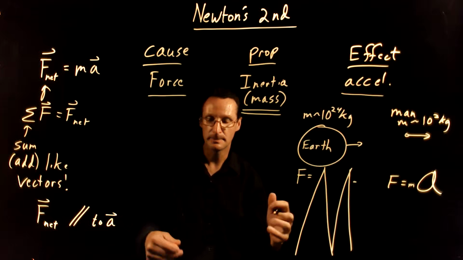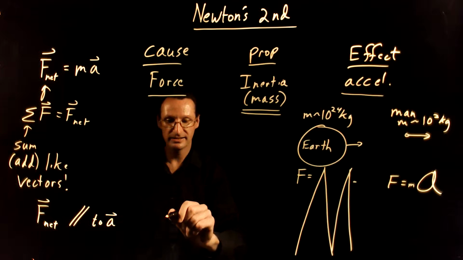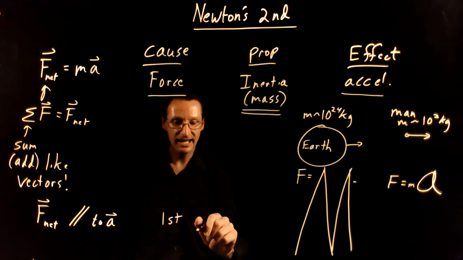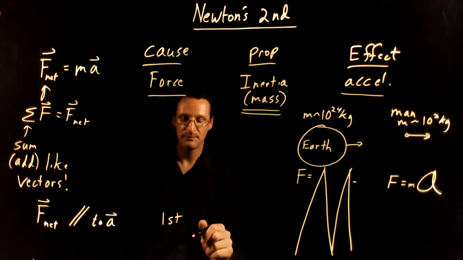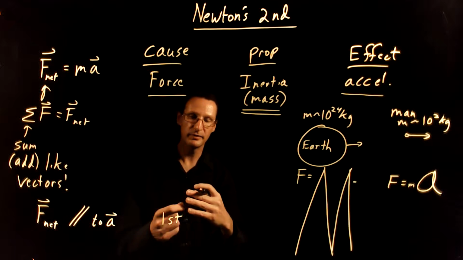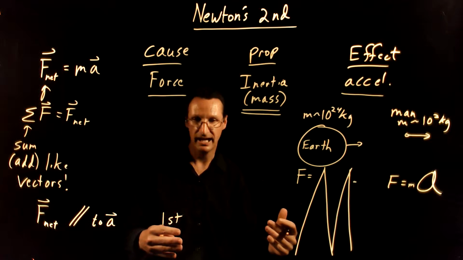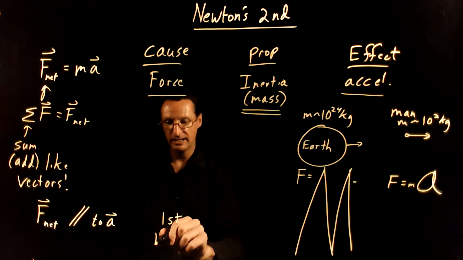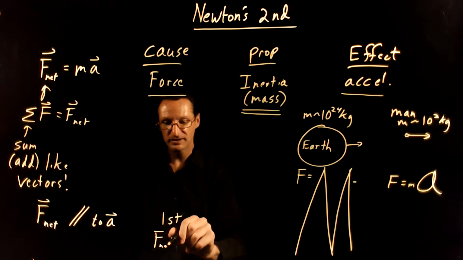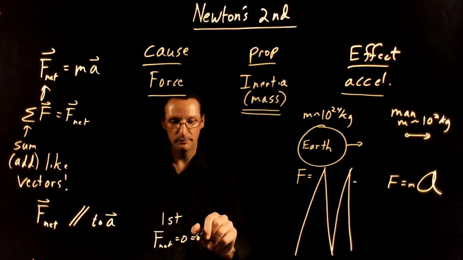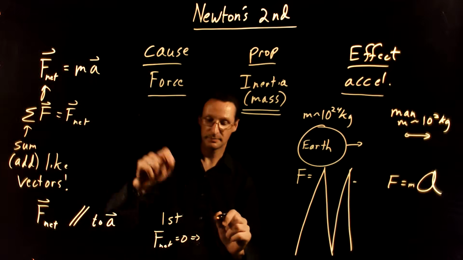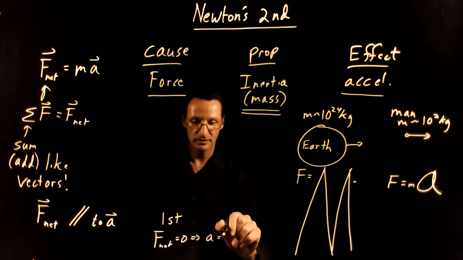The last thing I want to point out is that the first law is contained inside of the second law. So the first law says that things move at constant speed in a straight line forever, until a force acts. Well, let's think about that. If the net force is 0, this implies, based on this expression, that the acceleration is going to be 0.